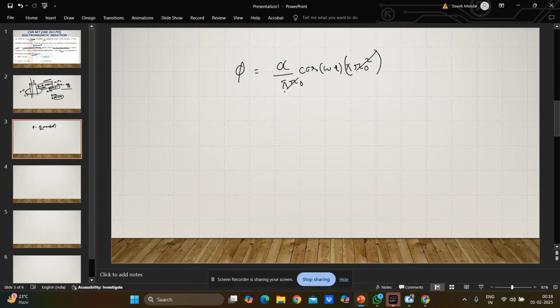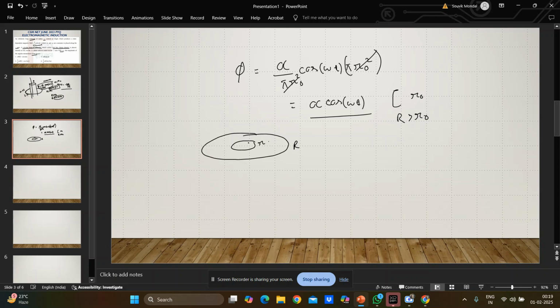So simply cancel this, and it is alpha cos omega t. This is the flux passing through radius r naught. But as capital R is greater than R naught, this is also the amount of flux passing through the circular radius R. So this is the circular radius capital R, and there is a small region r naught, and inside this region there is the flux phi. This is also the flux inside this capital R.